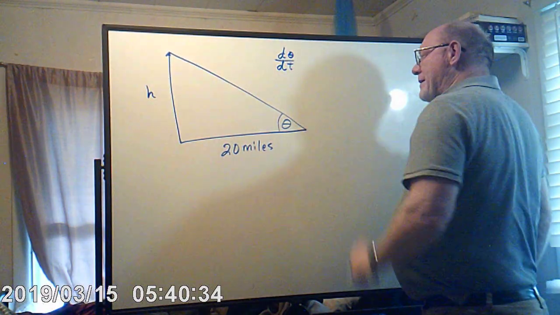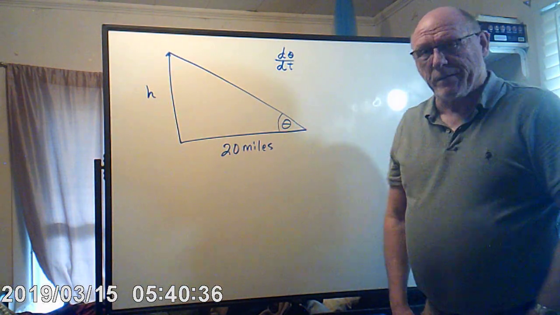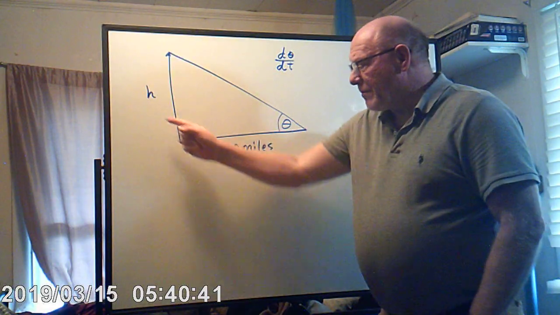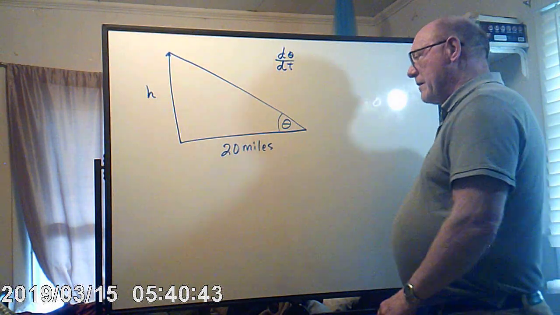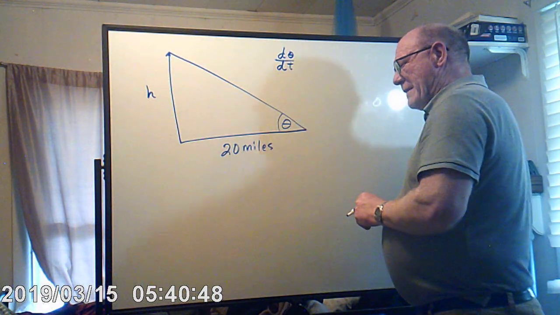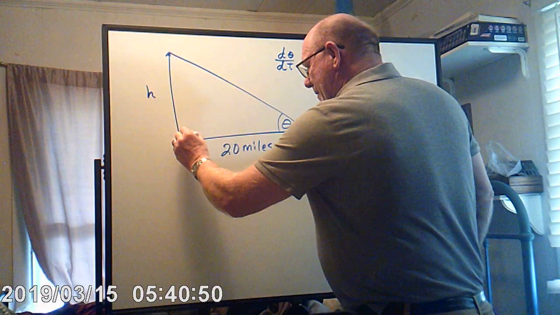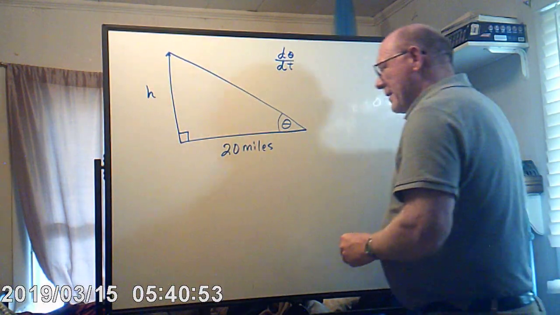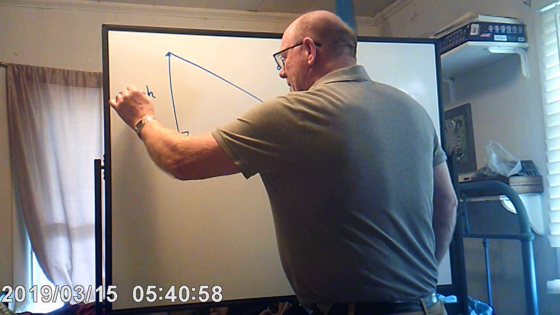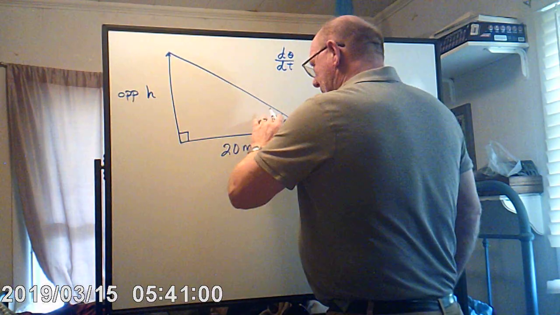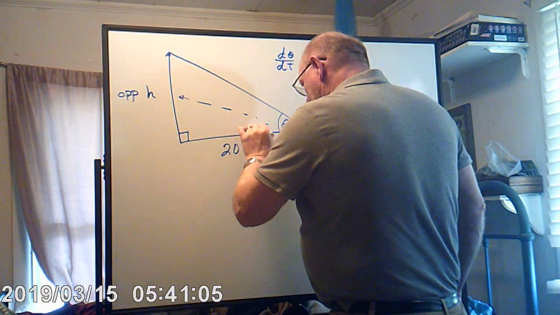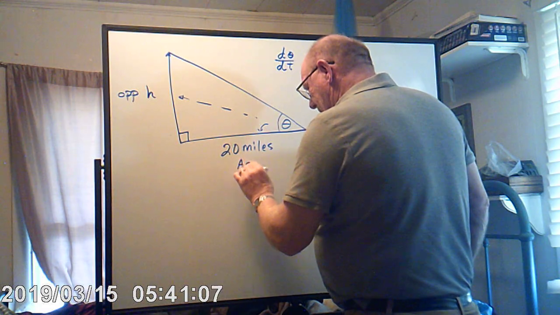When it says how fast is this increasing, and we've got theta involved, we might need to look at sine, cosine, or tangent. Remember that tangent is opposite over adjacent. Opposite of theta is over here. Adjacent is here.